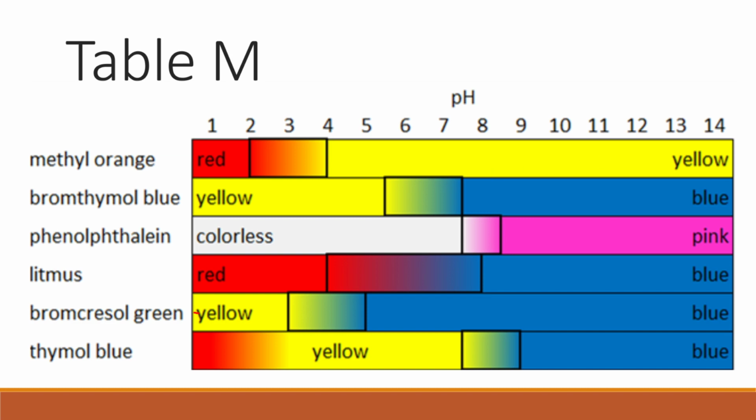The indicators, for the most part, are colorless liquids. Some of them are the colors that they say, right? I think bromthymol blue is blue naturally. Bromcresol green, I think, is green naturally. Thymol blue, I think, is also blue naturally. Methyl orange, I'm pretty sure, is red. But they're liquid solutions that you make.